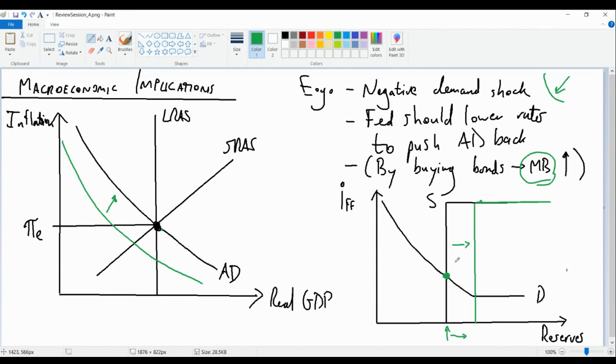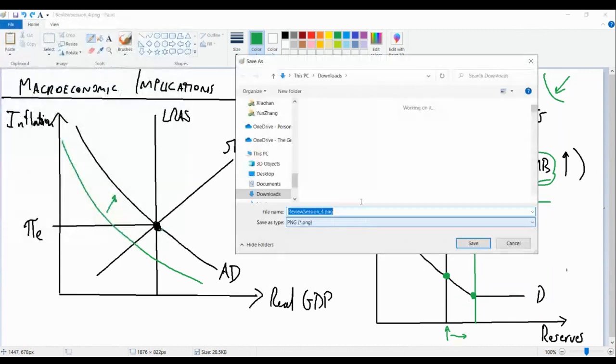The equilibrium federal funds rate would drop from here to wherever the two curves happen to cross. In this case, I made it move a lot, so it's crossing down here at the interest rate on reserves, but it could have been anywhere else depending on how large the bond purchases of the Fed are.